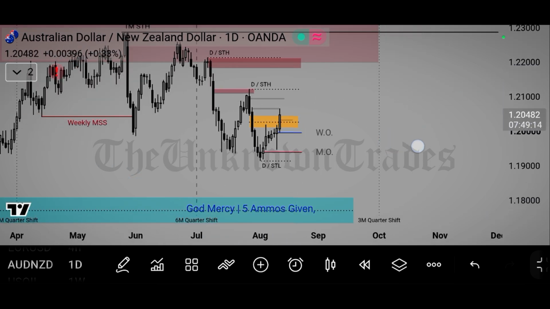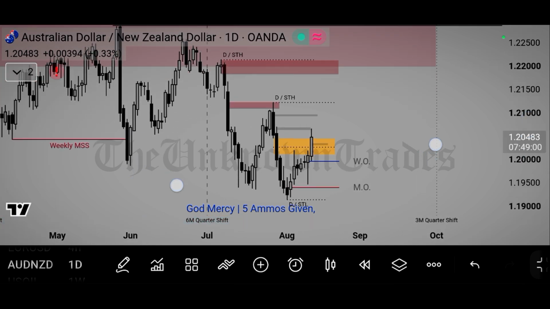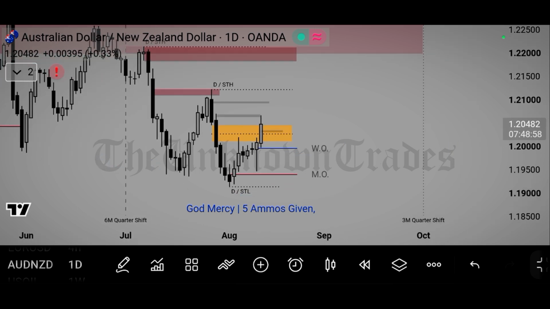So I'm not going to do anything with this particular pair until my mind is fully cleared with the direction and the stop placement points and the protected swings.